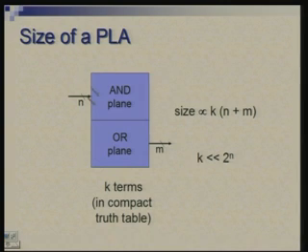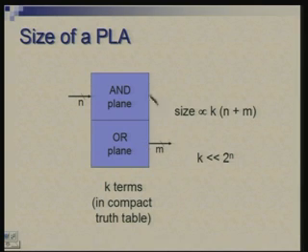So, what governs the size of this? Size is governed by three factors. One is n, another is m, and the third is the number of vertical lines you have to run. Each vertical line corresponds to a product term, or you can alternatively say a row of the truth table. Suppose there are k terms in the truth table, but remember that the truth table here need not be in a fully expanded form; it could be in compact form with lots of don't cares.